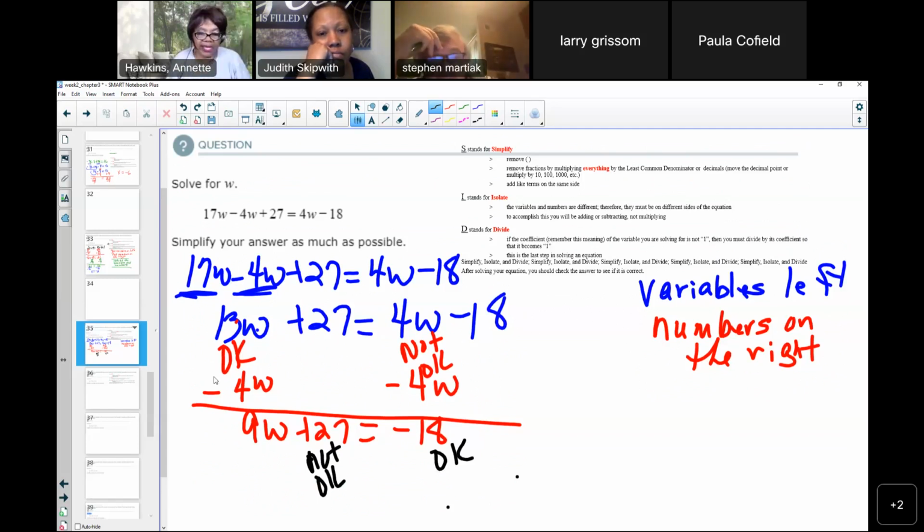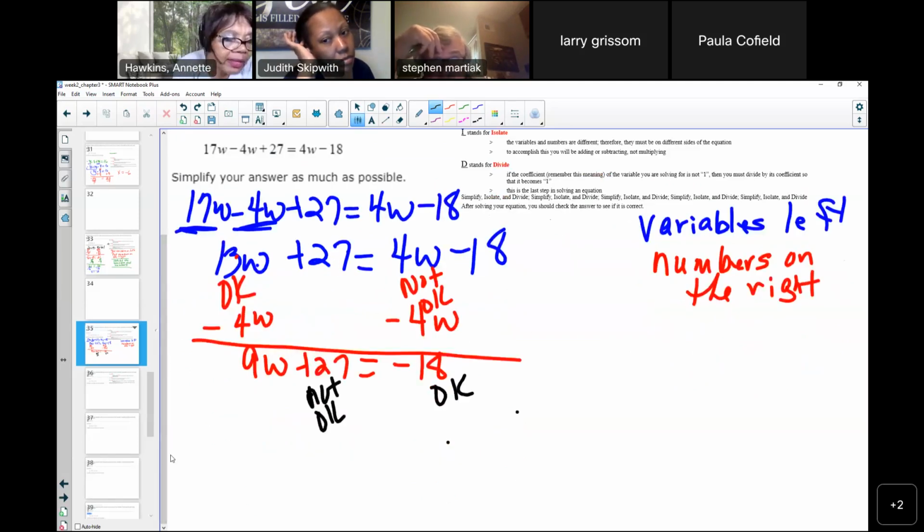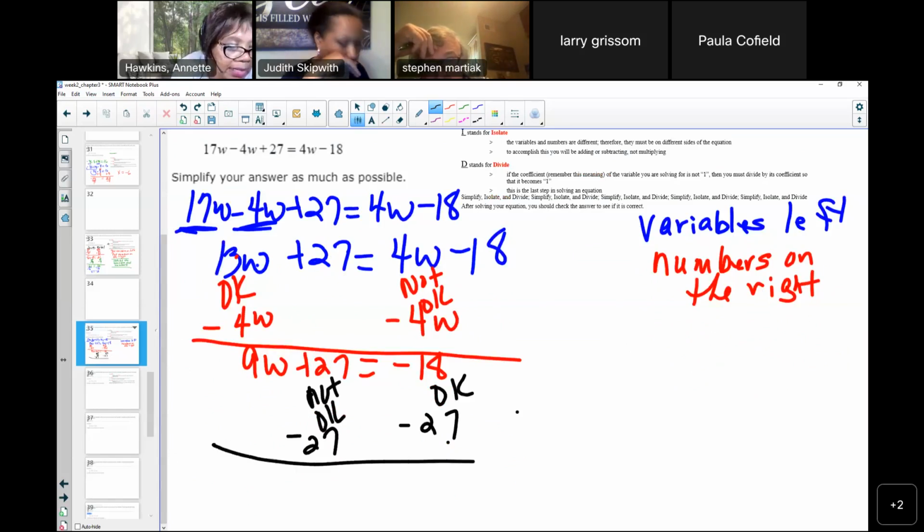So since that 27 is not okay, I have to undo that. To undo a plus 27, I need to subtract 27 from the left. And because this is a balanced scale, I need to subtract 27 from the right. Then I need to clean it up. Start at the left, 9W, this cancels, equals negative 45.